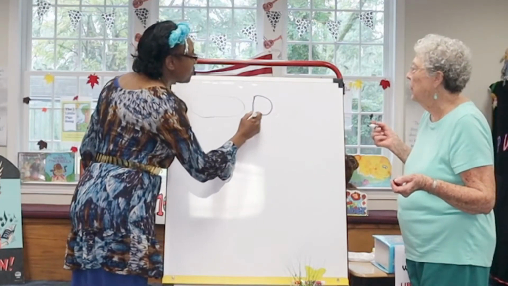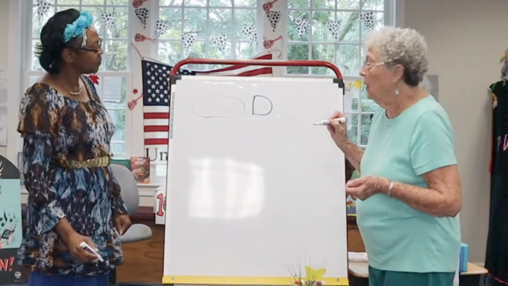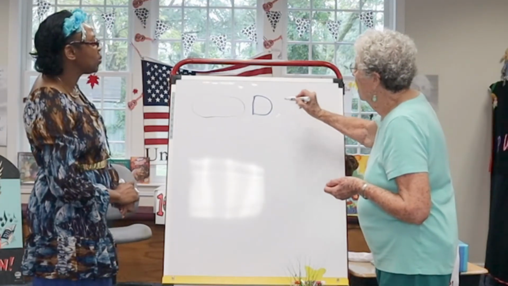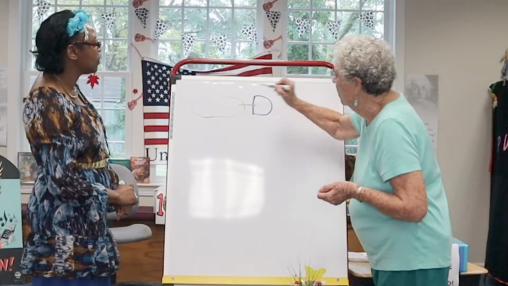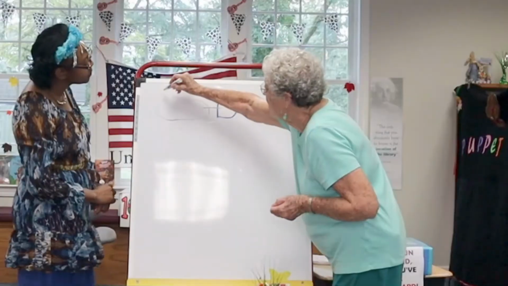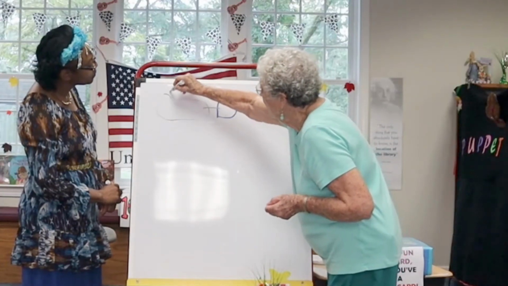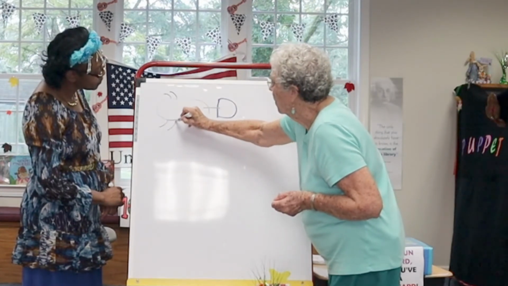Oh, very good. Thank you very much. Now, let's add a horizontal line from here to here. Then we're going to add some curved lines. Here, here, here, and here.